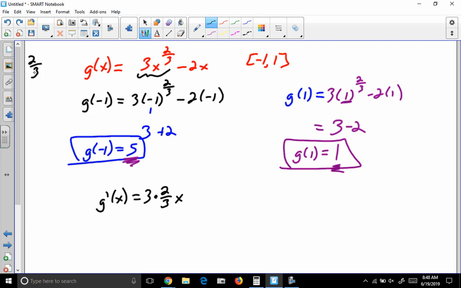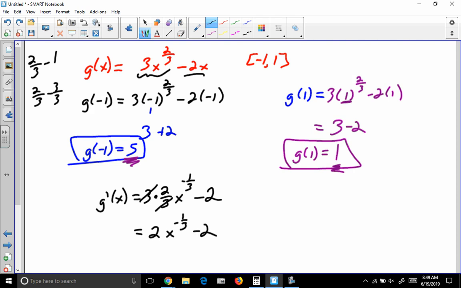Well, 1 less than 2/3 would be 2/3 minus 3/3, so that's negative 1/3. And then the derivative of 2x is 2.